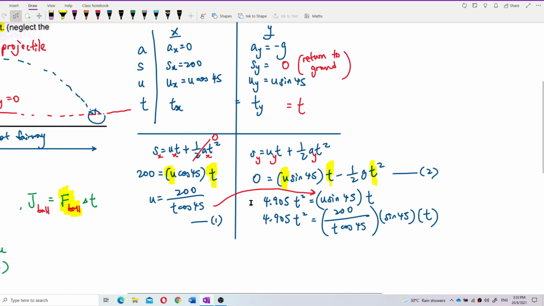The u here we just substitute with this. The t can be cancelled here, and then sine over cos becomes tangent, isn't it?